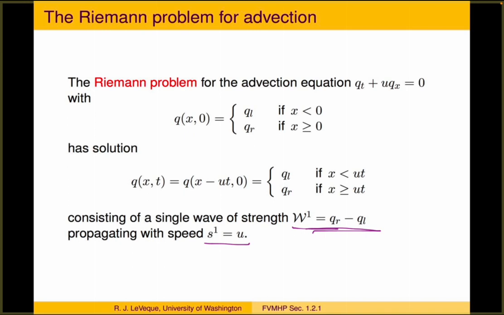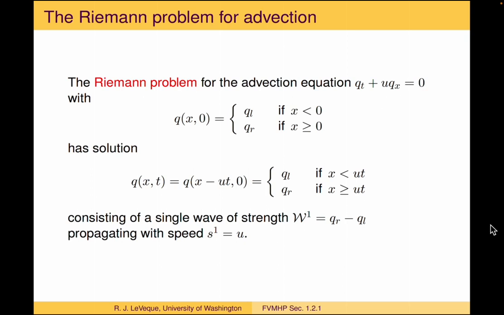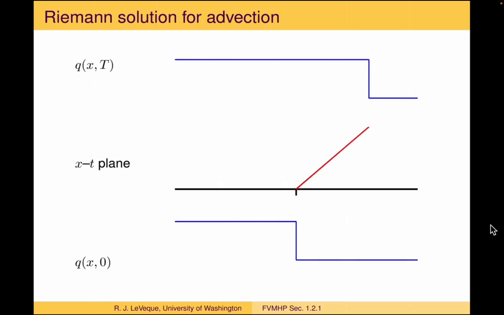We'll see for a more general linear system that we get a set of waves that are proportional to eigenvectors, where we have to split up qr minus ql into eigenvectors, and the speeds they propagate at will be the eigenvalues.